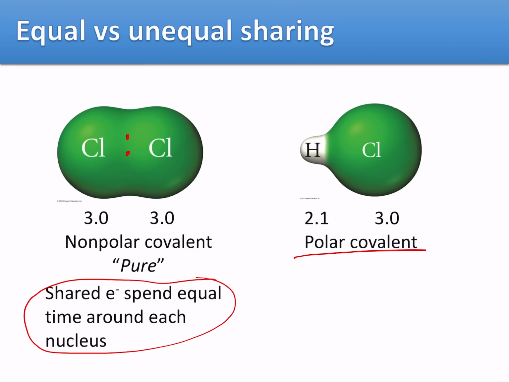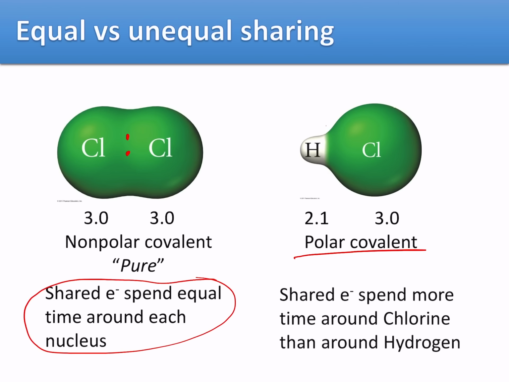The reason we call this a polar covalent bond is because those electrons are more attracted towards the chlorine, so they spend more time around the chlorine atom, which means that the chlorine atom develops a partial charge. These are partial charges, not fully developed charges. It's not chlorine -1 and hydrogen +1.